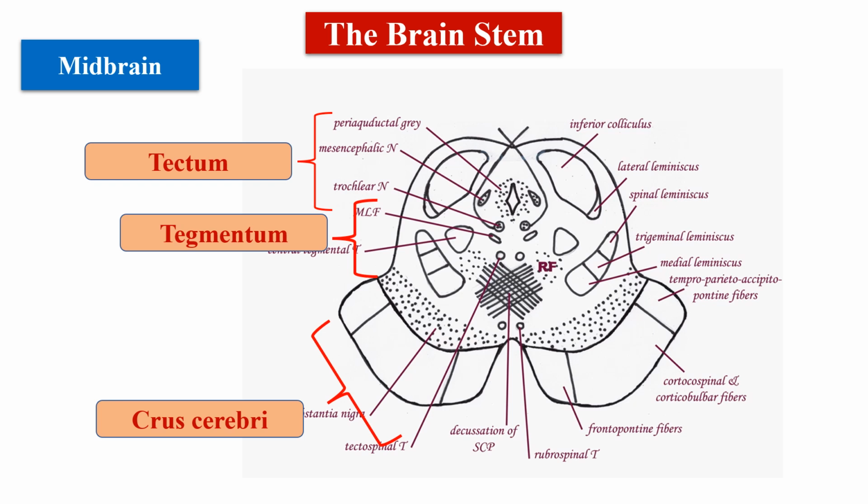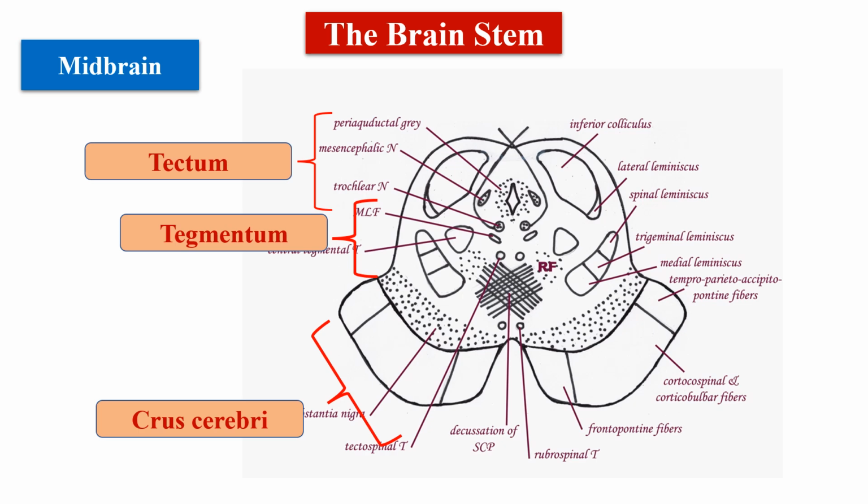Or when you say them from posterior to anterior, you will say tectum, tegmentum, and crus cerebri. Here we can see the tectum at the posterior aspect of the midbrain. The tegmentum is the middle part between the tectum and the anterior part, which is the crus cerebri.